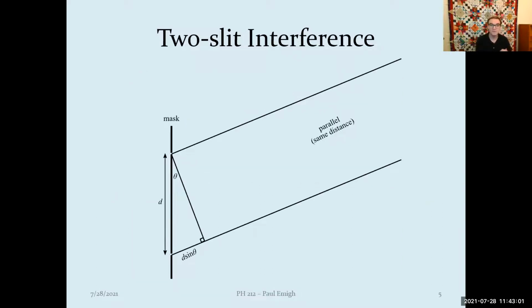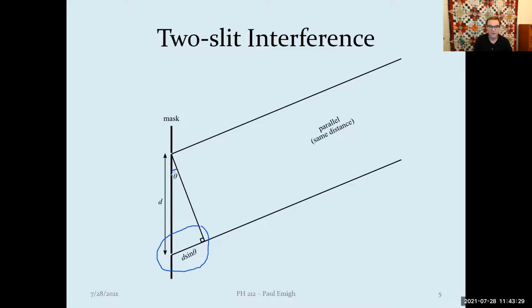To do that, I'm going to zoom way in on this picture and realize that as long as I put the screen relatively far away from the mask, those two lines are going to be parallel and the same length that you can see there, which means this little distance right here is going to be the extra distance that one of the light waves has traveled relative to the other.